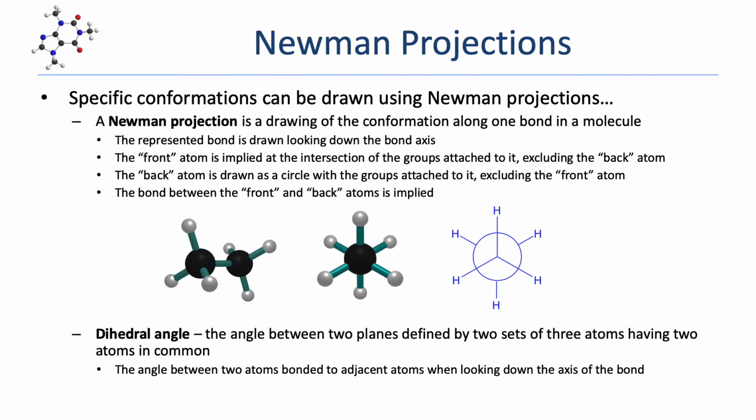If you look at our Newman projection of ethane, there's that hydrogen on the front carbon that's pointing straight up. Then if you go clockwise from there, there's another hydrogen on the back carbon pointing at an angle, right? The angle between those two bonds or those two groups is a dihedral angle. In this representation, that angle is 60 degrees.